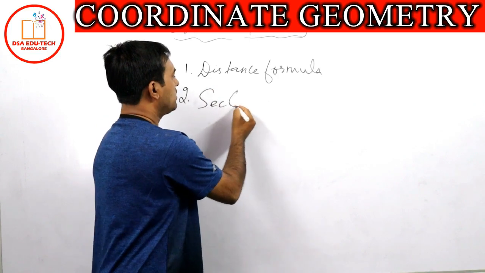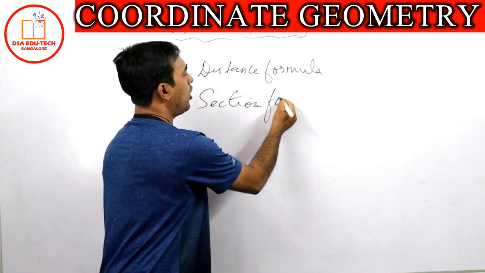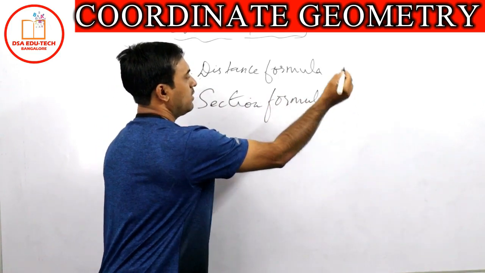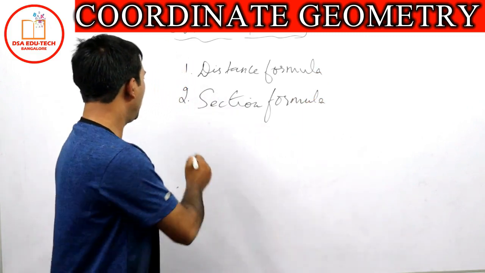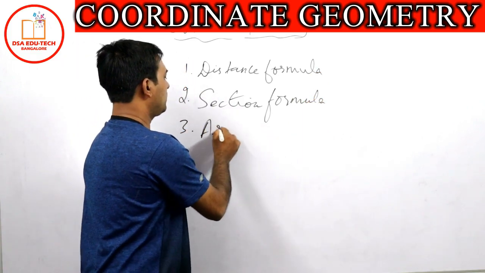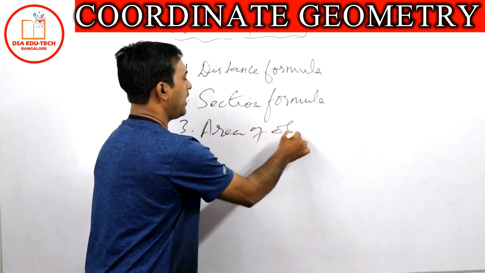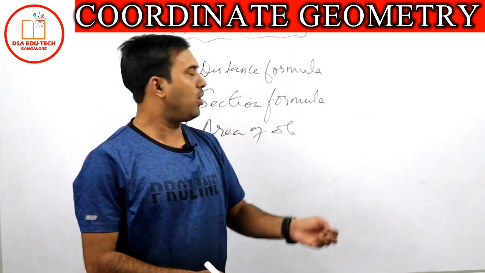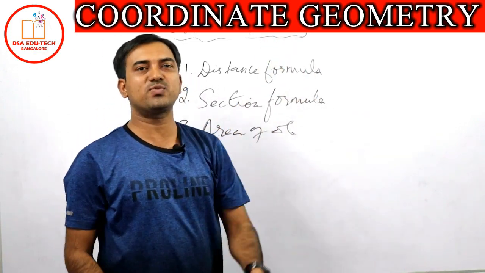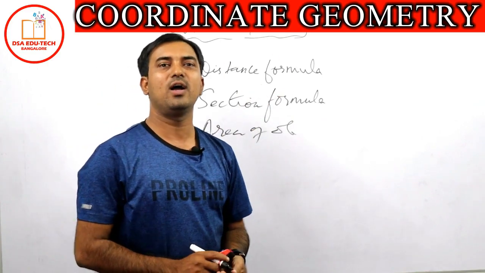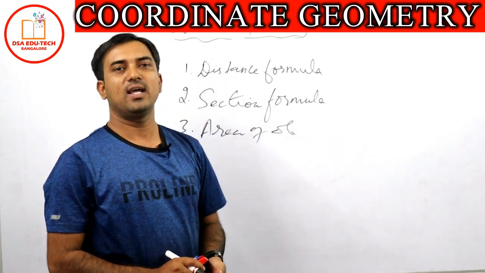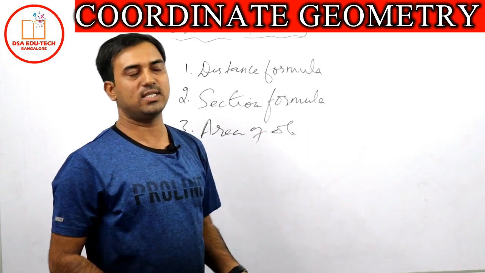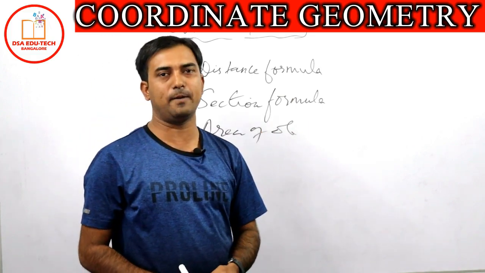The third is the area of triangle. There are formulas for all these topics: a formula to find the distance, a formula for section, and a formula for the area of a triangle.